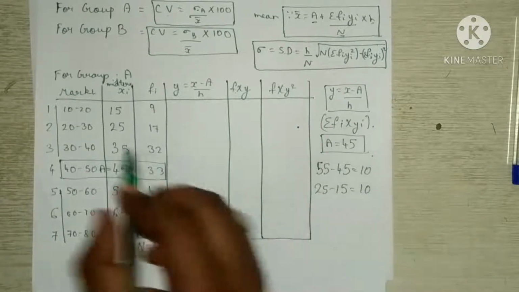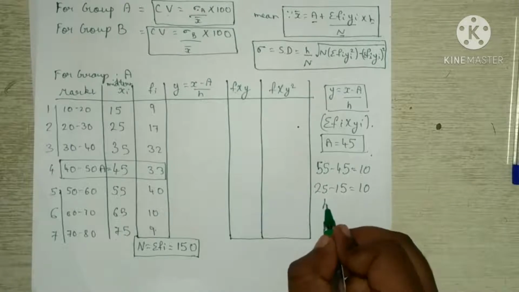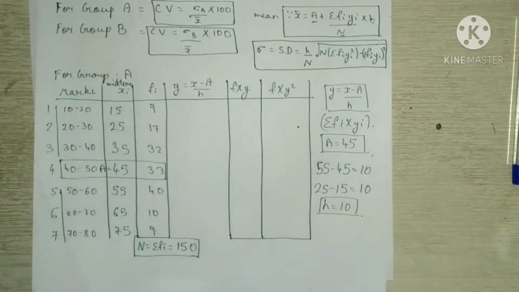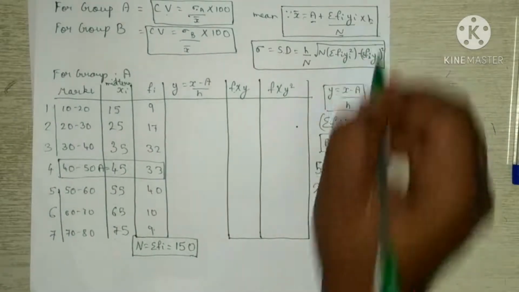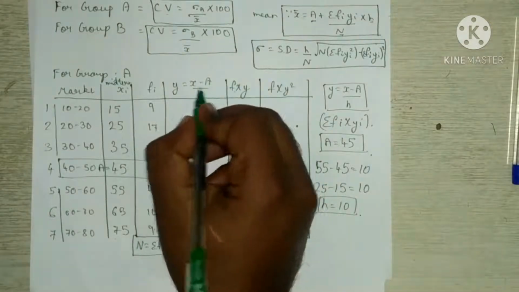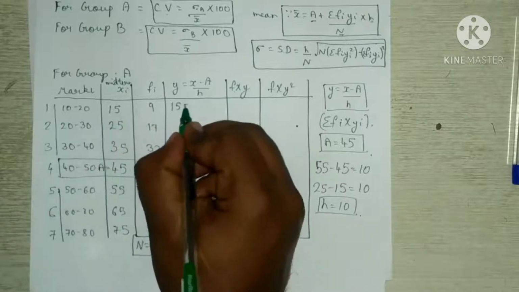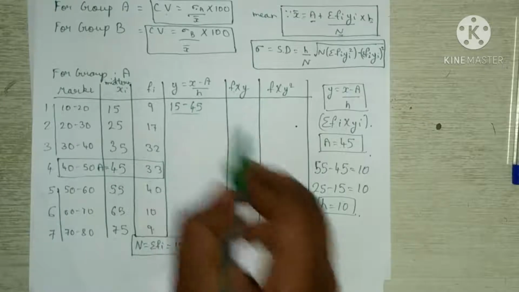The difference between the second term and the first term is nothing but h. H is equal to 10, the common difference between the first and second term in the series. You got h, so you can substitute in this formula. Y is 15 minus a, which is 45, divided by h, which is 10.